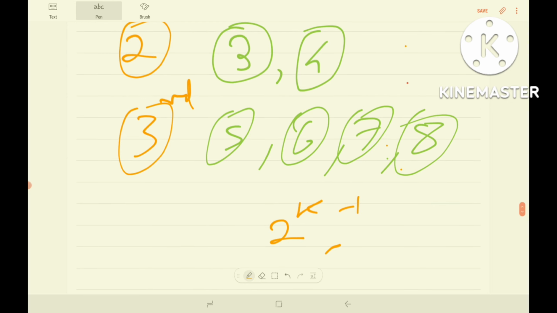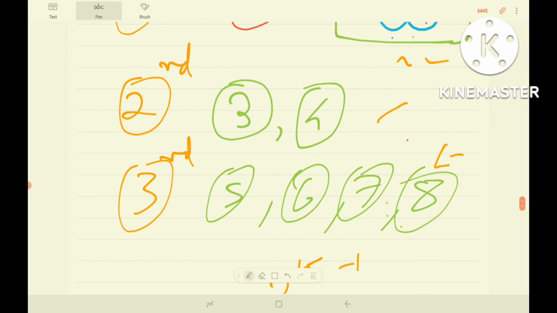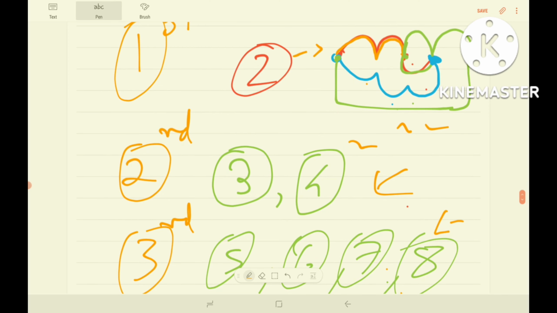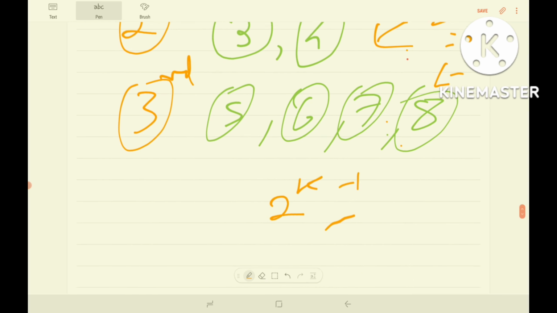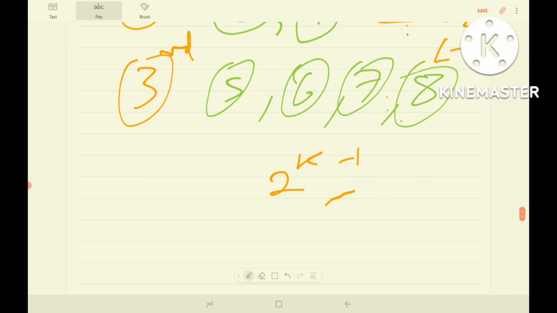This statement agrees with all of this because for the second step you get 2 points, which is 2 to the power 2 minus 1, equal to 2. So assume that every step gives 2^(k-1) new points.